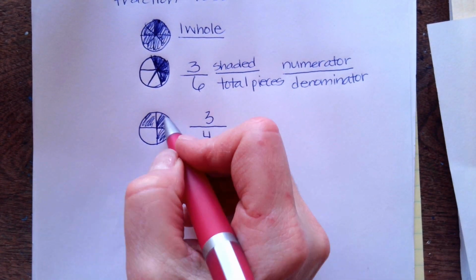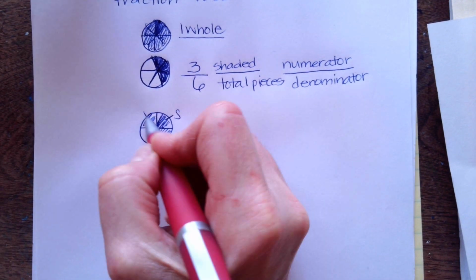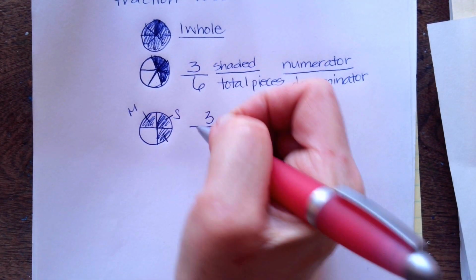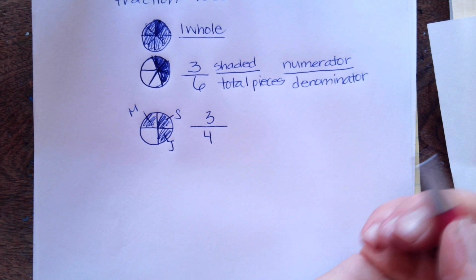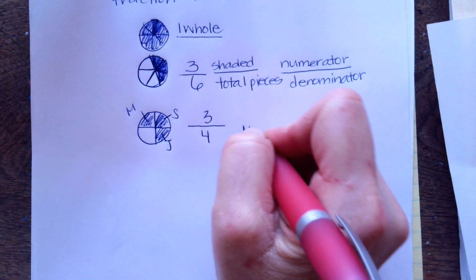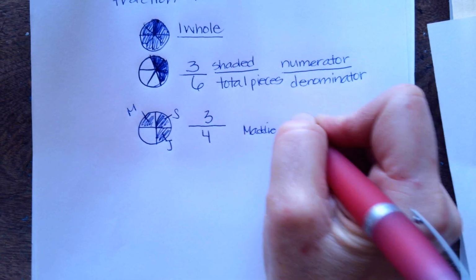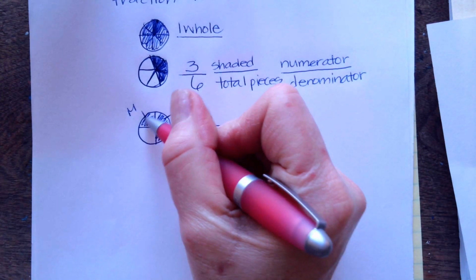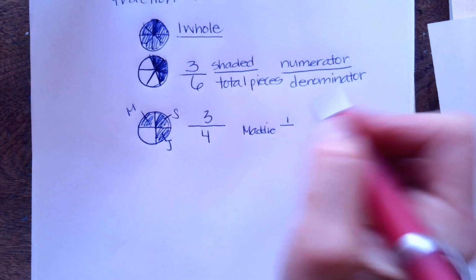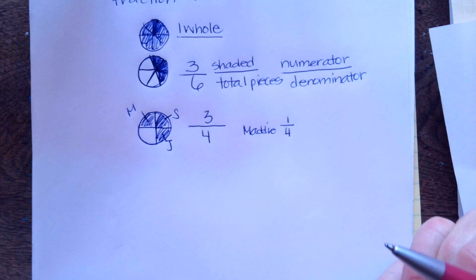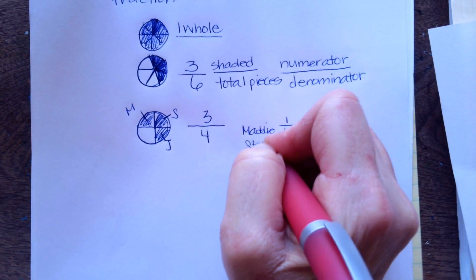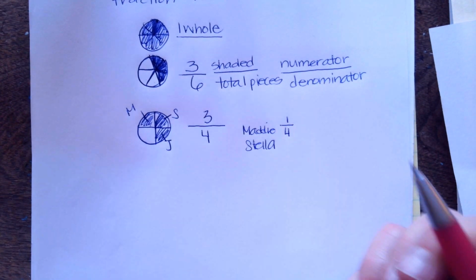Then I could say, okay, this is Stella's piece, this is Maddie's piece, this is Jasper's piece. How many pieces did Maddie have? She had 1 piece out of how many pieces total? 4. How many did Stella have? So we're just going to count how many pieces you had.